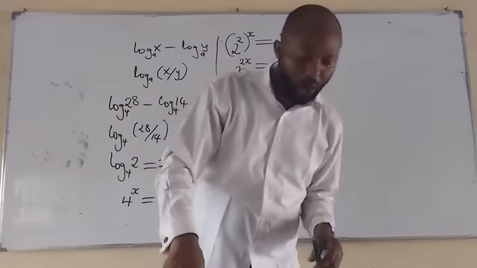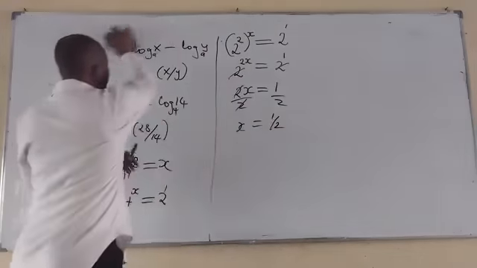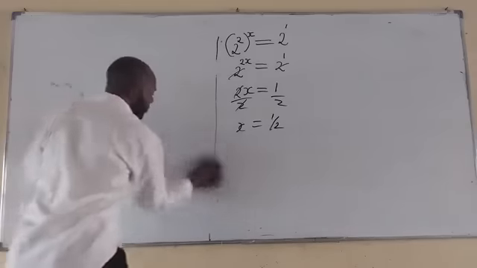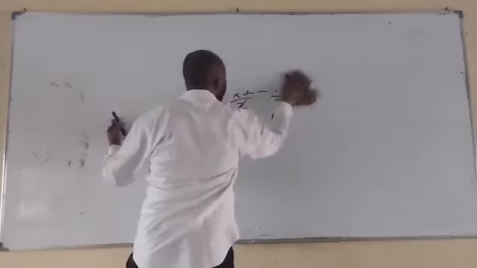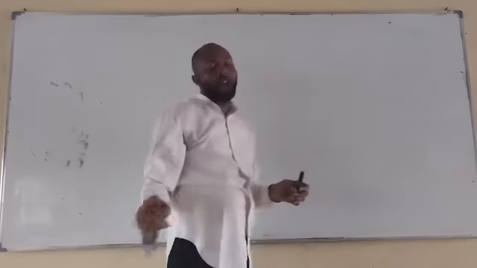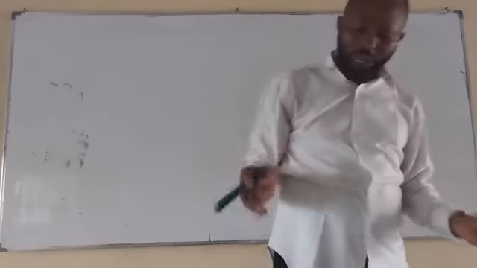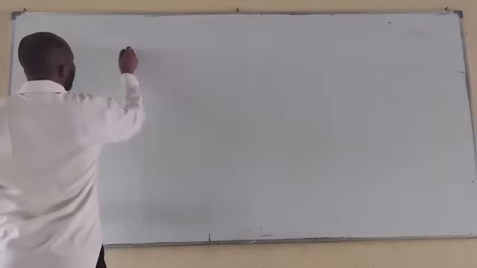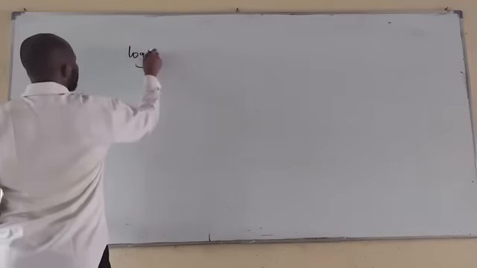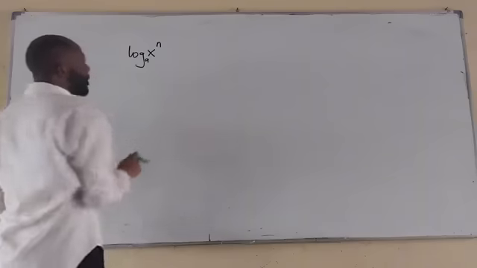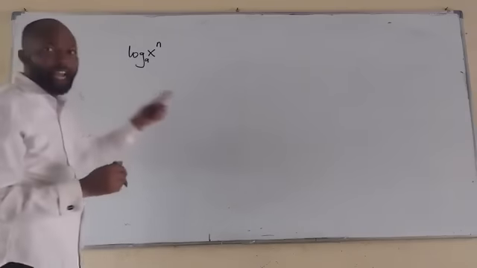Let's look at the power law. In the power law, it says that when we have a log x in base a raised to the power of n, the power can be used to multiply the log.